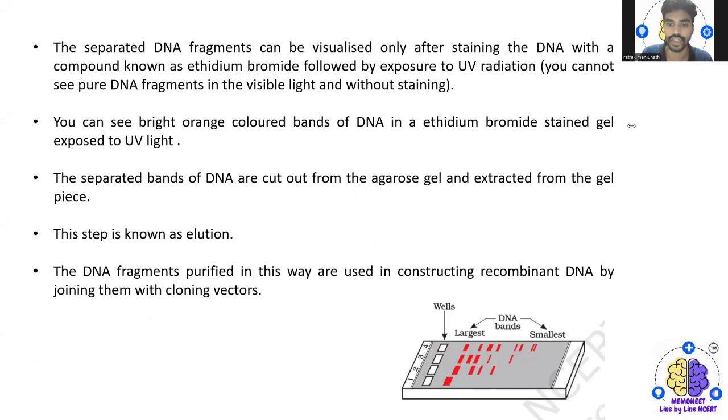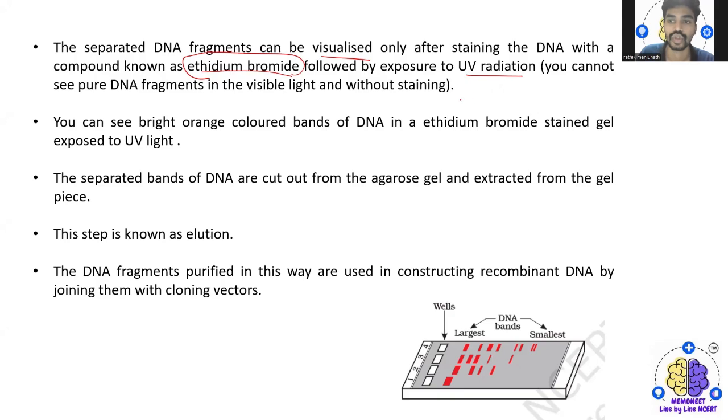Once the separation is done, the separated DNA fragments are visible only after they have been stained. For that, we use ethidium bromide, a compound which stains the DNA, and later it is exposed to UV radiation.